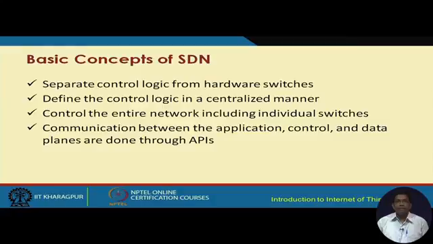The other concept of SDN is to control the entire network, including the individual switches, in a centralized manner, and the communication between the application, the control and the data planes is done through different APIs, northbound APIs and southbound APIs.